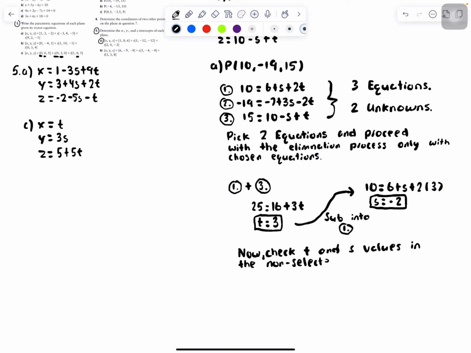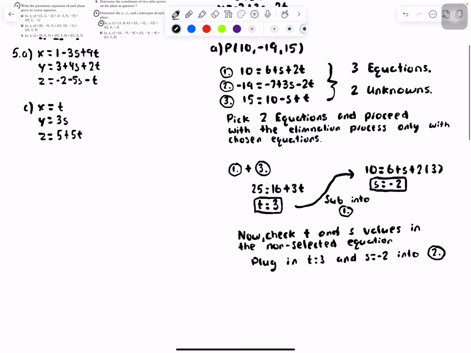In that case, that would be equation 2. So I'm plugging in t equals 3 and s equals negative 2 into 2.